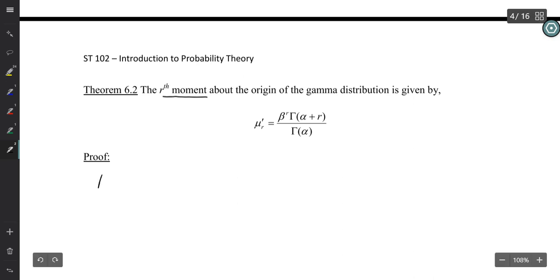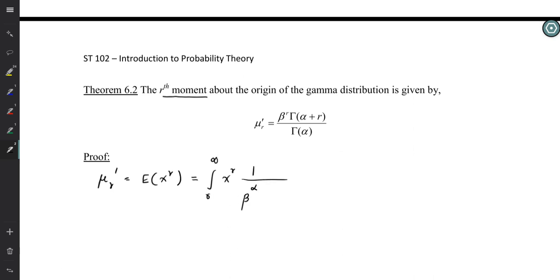So let's do the proof. We have mu r prime, which is exactly the expected value of x to the r. That is the rth moment about the origin, which is the integral from 0 to infinity of x to the r times 1 over beta to alpha gamma alpha, and so on. So I'm writing the gamma probability density here.